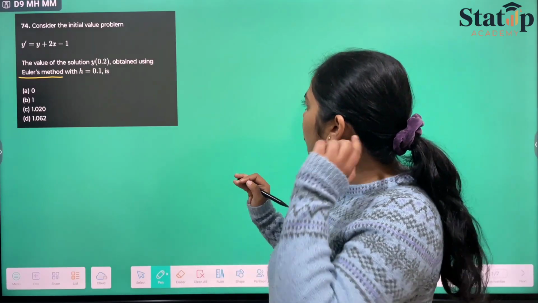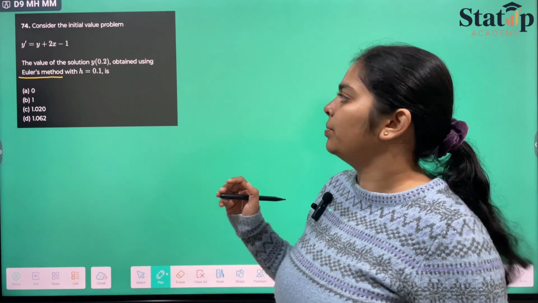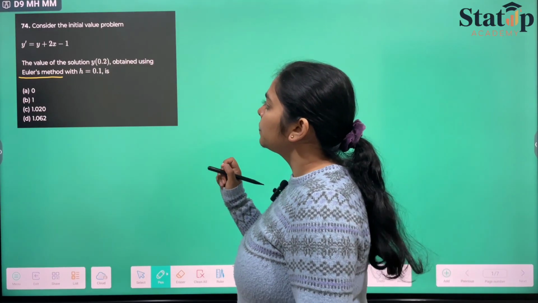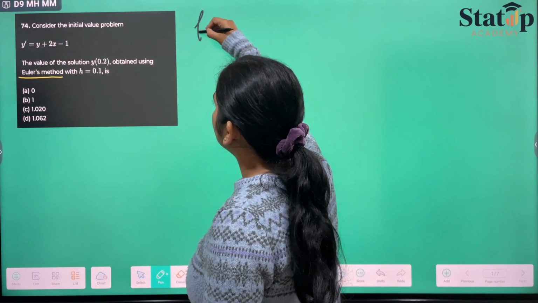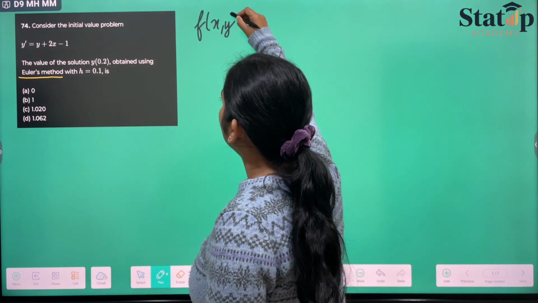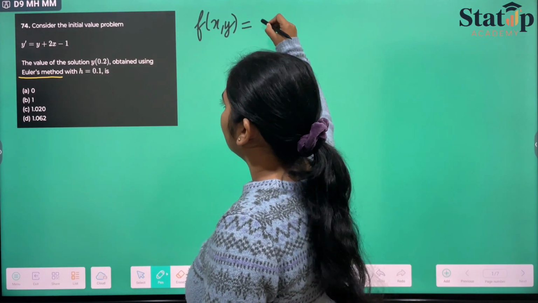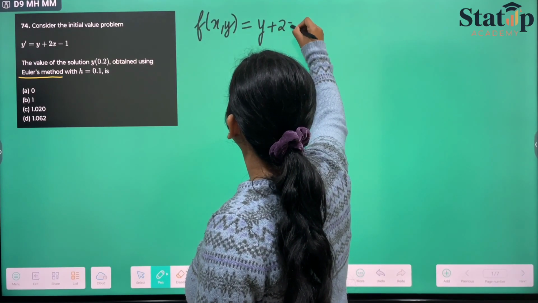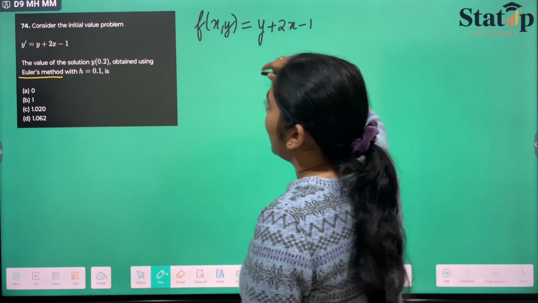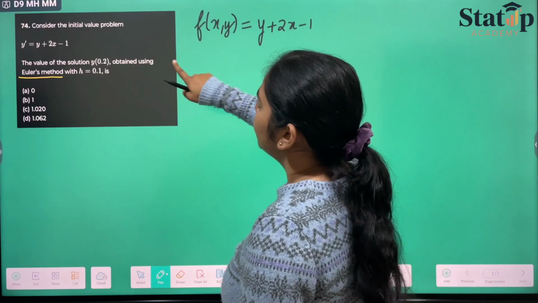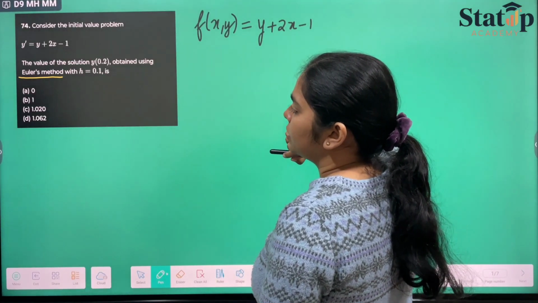So no need to worry about when it will appear and when not, or what kind of question. Here y dash has been given, which is nothing but f of x, y, as I told you earlier, which is y plus 2x minus 1, and the value of the solution at 0.2 has to be calculated.